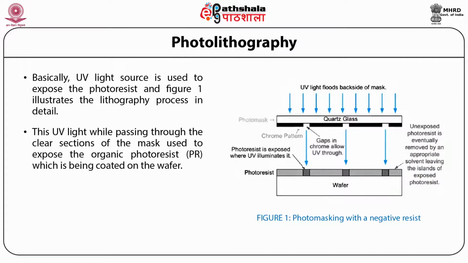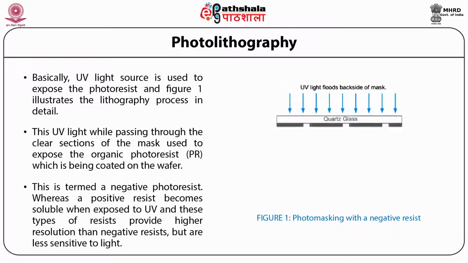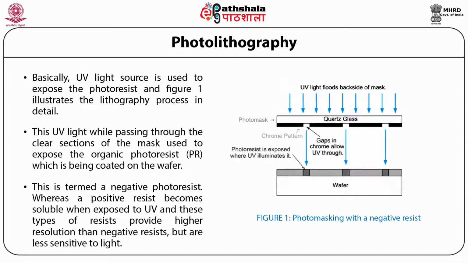The unexposed photoresist is removed by dissolving it in a developer solvent, leaving islands of insoluble exposed photoresist. This is termed the negative photoresist, whereas a positive photoresist becomes soluble when exposed to UV, and this type of resist provides higher resolution than negative resist, but is less sensitive to heat.